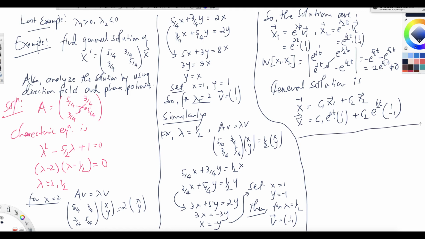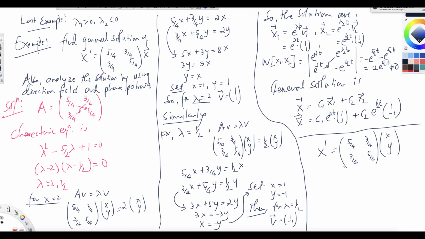Since the question also asks you to check the behavior of the solution when t tends to infinity using the phase portrait, I want to use the right hand side. We had x prime equals the matrix 5/4, 3/4, 3/4, 5/4 times the vector (x, y).